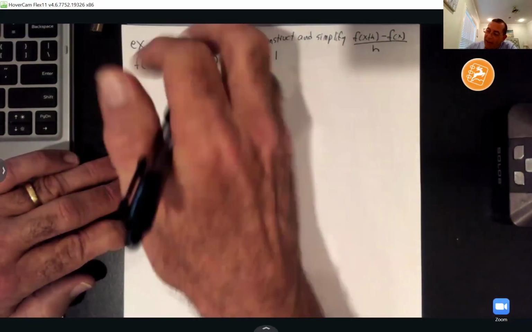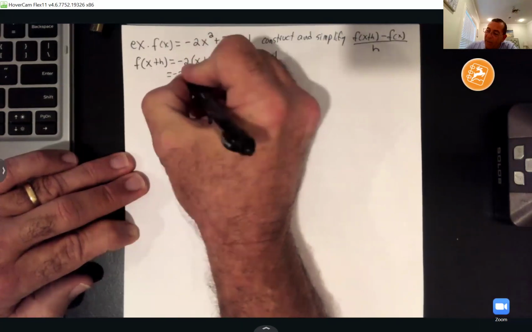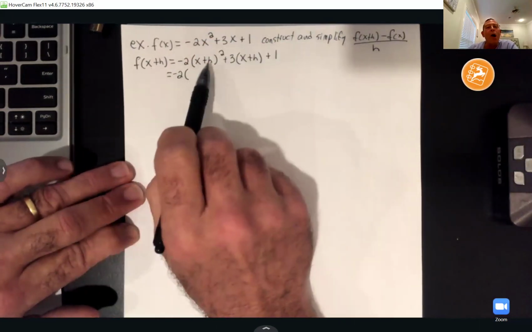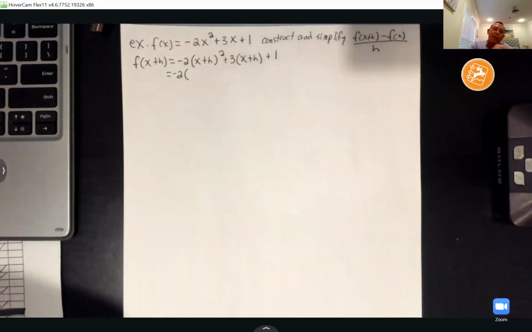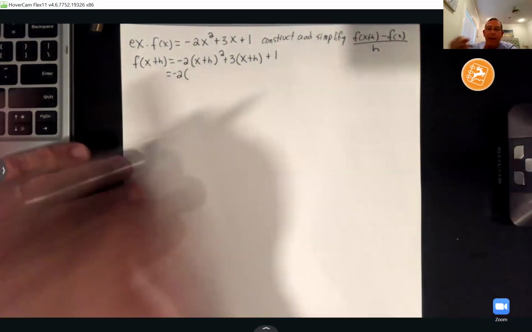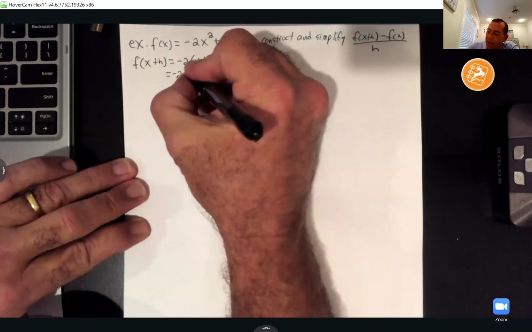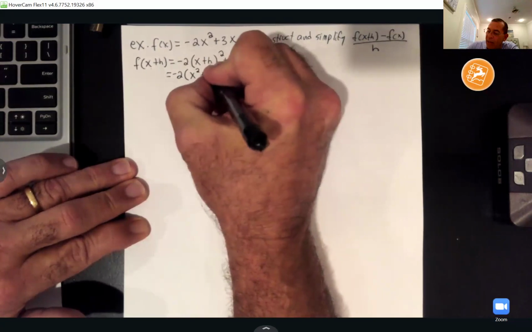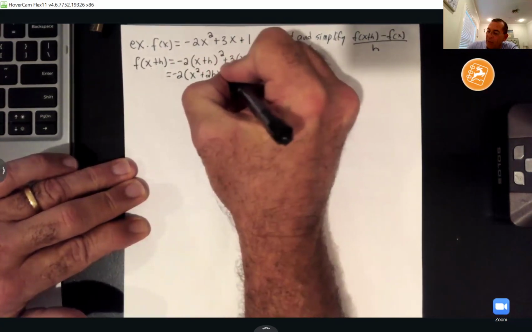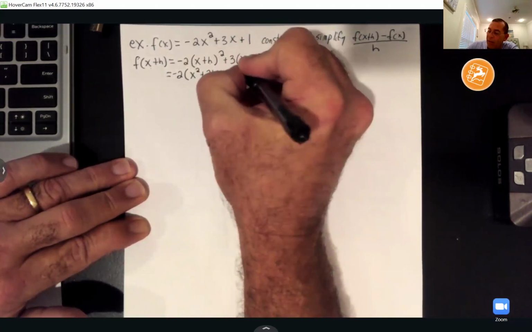Now, I'm going to bring down that negative 2. Now, we already know what x plus h squared equals because we worked that on the last problem. X plus h squared equaled x squared plus 2hx plus h squared.